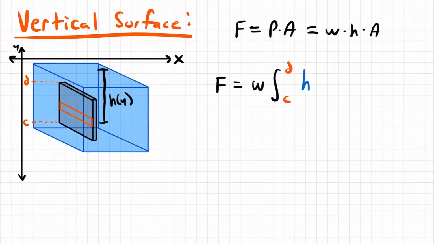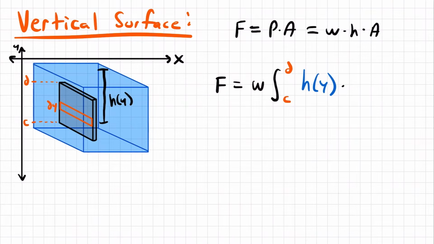We will have the depth in terms of y, and then we need to multiply that by the area of that representative rectangle. Now the area of a rectangle is equal to the length times the width. And so if there's going to be an infinite number of these thin rectangular regions from C to D for this entire surface, then we'll say that the width of those rectangles is going to be a small change in y, which we represent with dy. And so that's the width of our rectangle, but then the length of the rectangle is going to depend on the length of our surface.